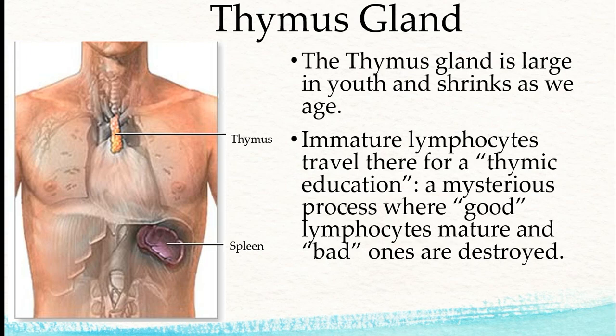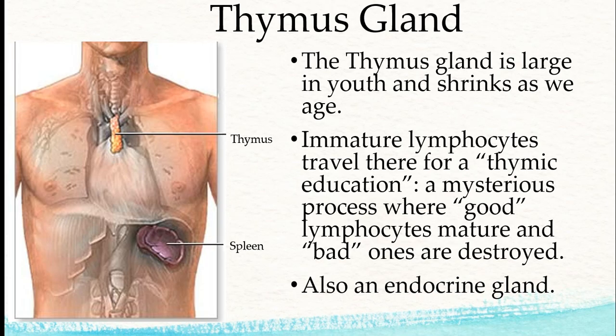So it turns it into a super lymphocyte. We'll get to the details of it here in a little bit. Just remember, the lymphocyte that's had a thymic education is now going to be called a T cell. Don't forget that the thymus gland also has endocrine duties as well.